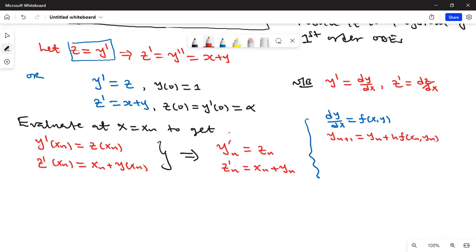What if now we have a system? So we'll have this for this one and also for this, each of them.